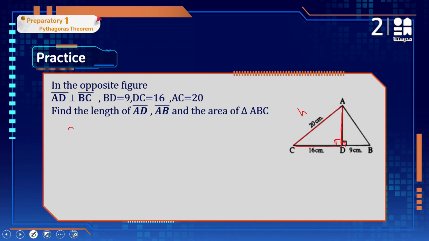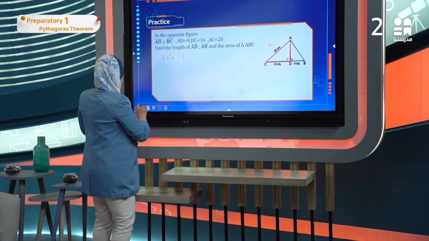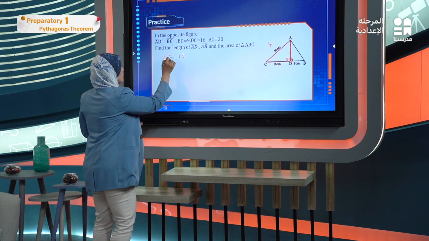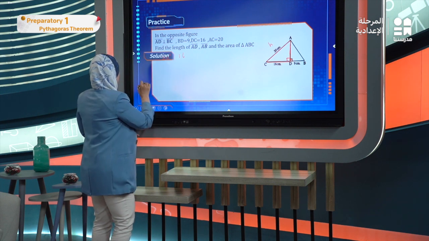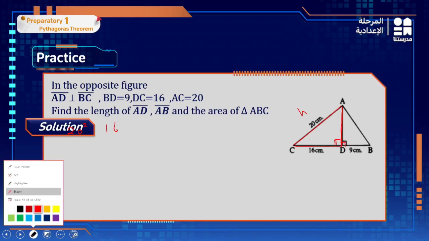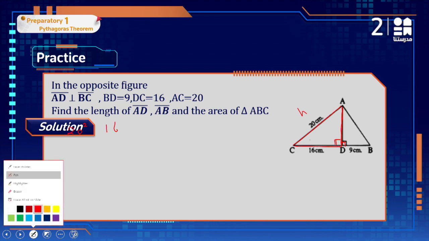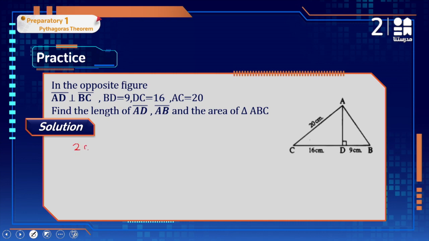So 20 squared minus 16 squared equals AD squared.